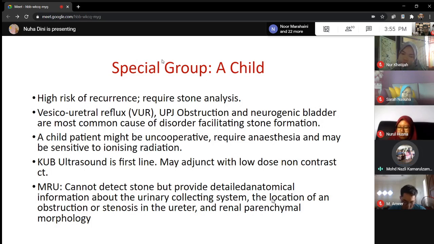So that's important, to review all the simple investigations and plan for imaging. You don't just send a patient who comes with colic for a full body scan or CT scan to see any stone. No, we go step by step in terms of management.